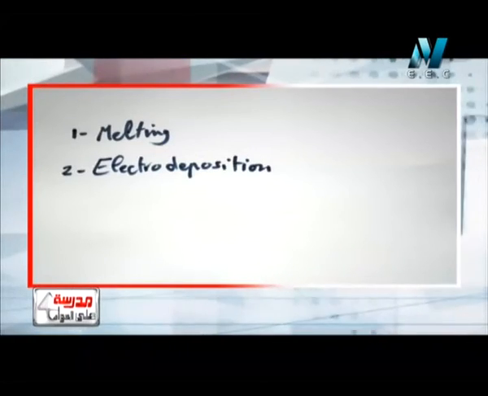For example, the iron handles of doors can be covered by what's called brass. By electrodeposition, we use a mixture of zinc and copper to make the brass.